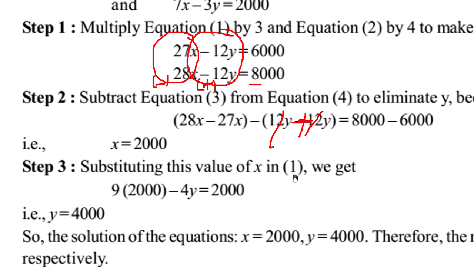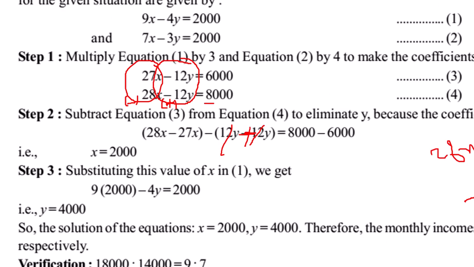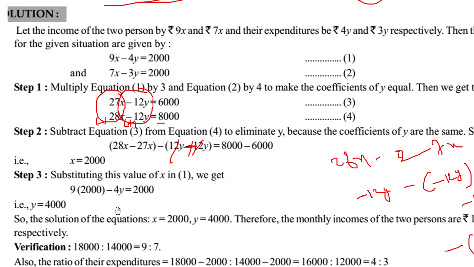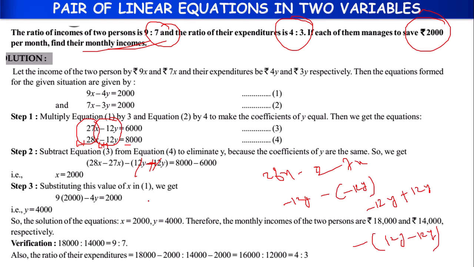Let's substitute it in equation 1. 9 into 2,000 minus 4y equals 2,000. So 9 into 2,000 is 18,000. 18,000 comes to this side, meaning minus 18,000.